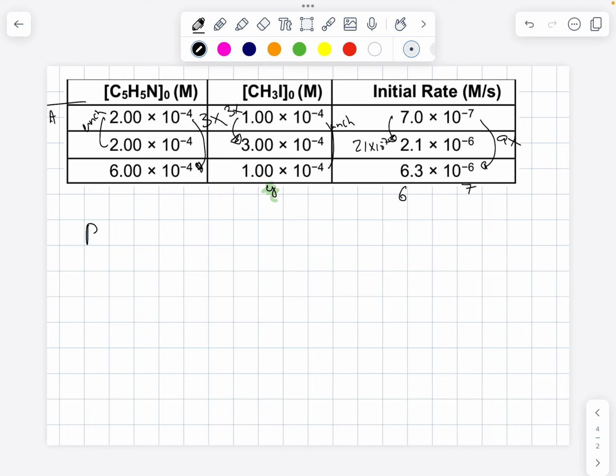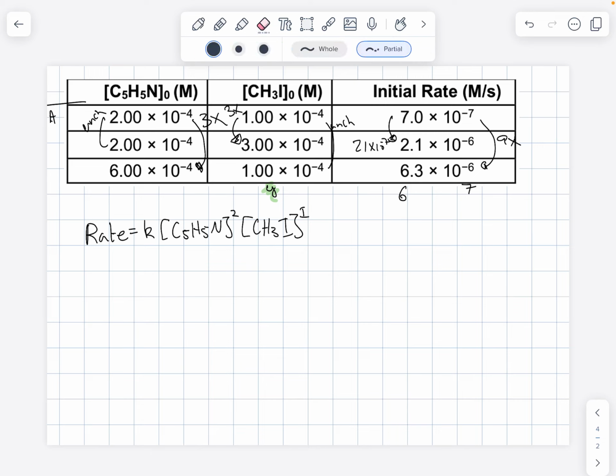I'll arbitrarily pick trial A. Now I know that the rate law is not what I had before, but it's now k times C₅H₅N squared. I determined that was a second order relationship, and for CH₃I, y was equal to 1, so this is 1 up here. And remember, anytime I have a number to the first power, that's just itself. So it looks like this. Then I'm going to need to solve for k and plug in.